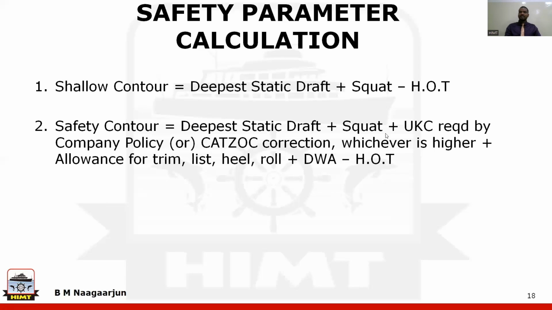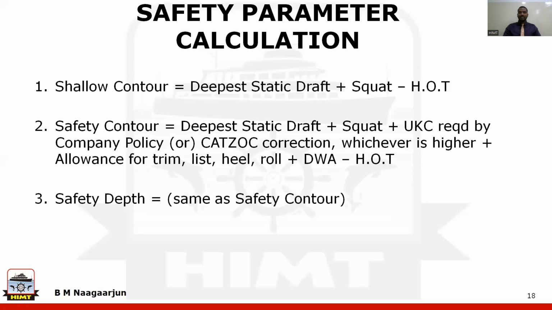So we have these additional factors in this formula, making the safety contour deeper than the shallow contour. Also, from this formula, we can see that height of tide is the only factor that will be subtracted from both shallow contour and safety contour, whereas all the other elements are added.